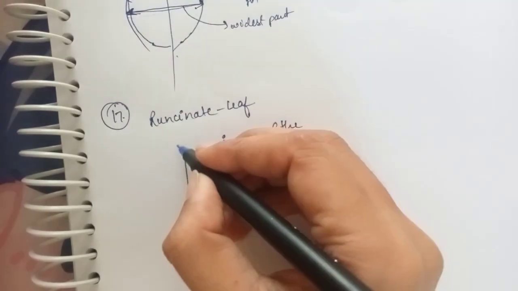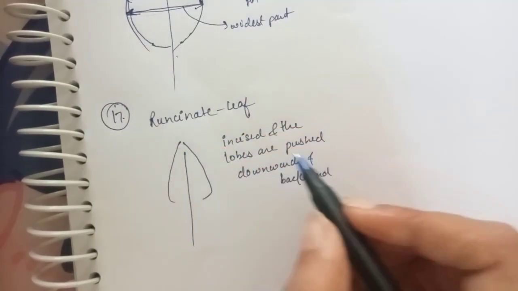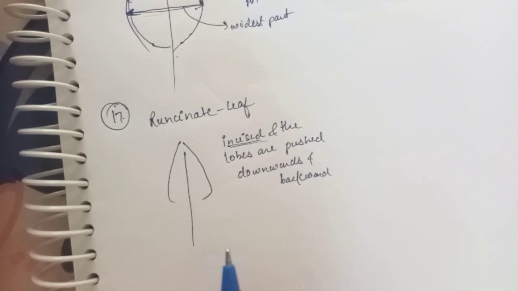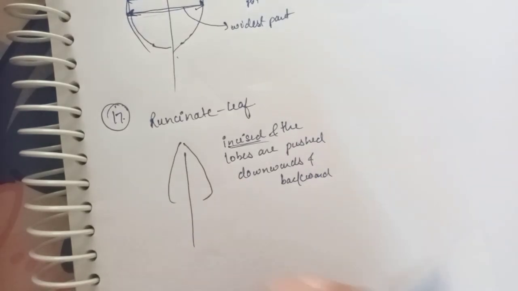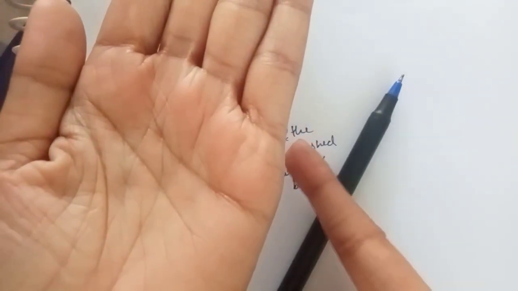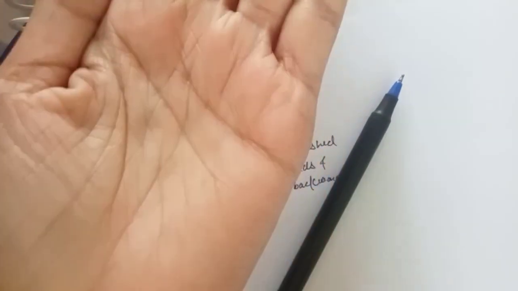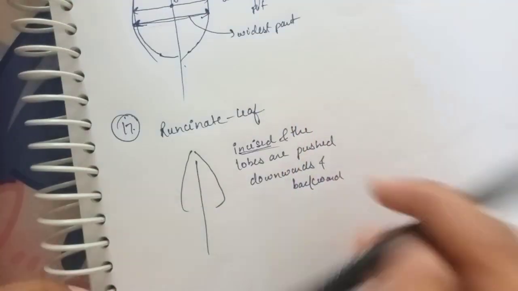What I mean is, the leaf is incised, and after the incision, the lobes of the leaf are pushed backwards. Like this is the leaf, the lobes will be pushed backwards and downwards, to the lower side and the back side.